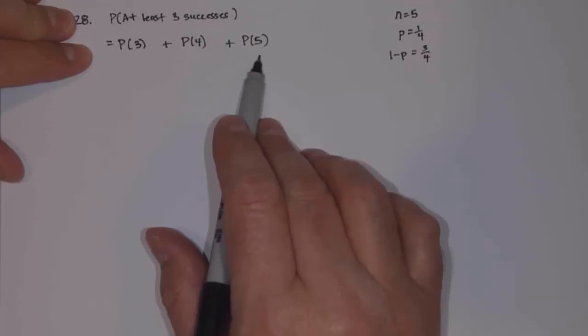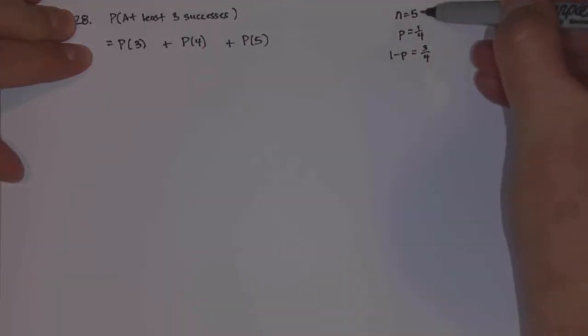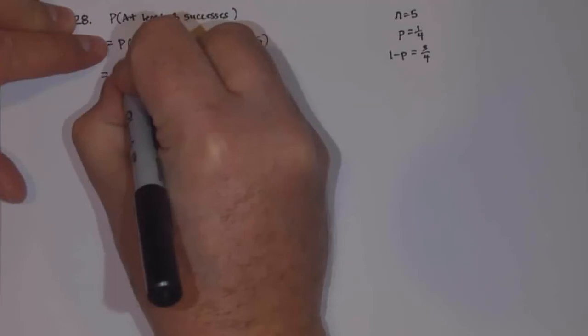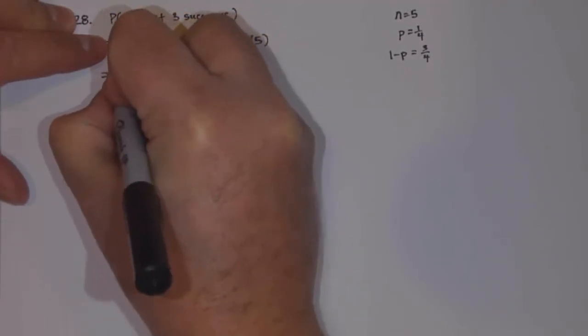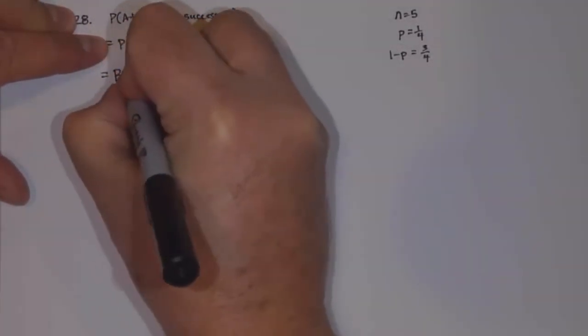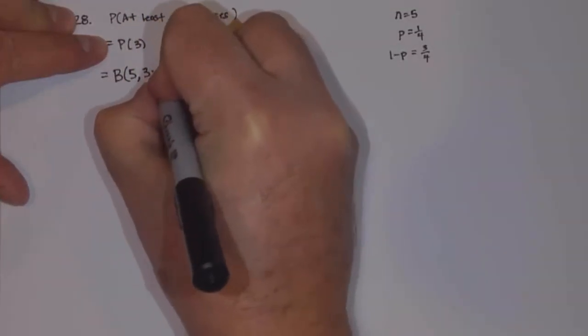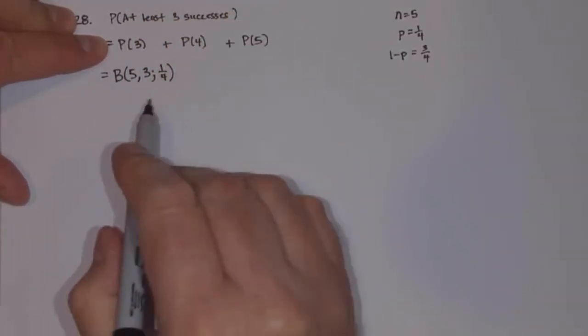Now again, this is a binomial. We have 5 problems that we're picking from, so we have 5 trials, and the probability of success is 1/4. So this probability of 3 successes is a binomial probability with 5 trials, 3 successes, where the probability of success is 1/4.